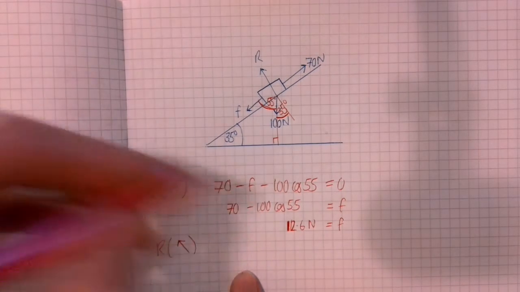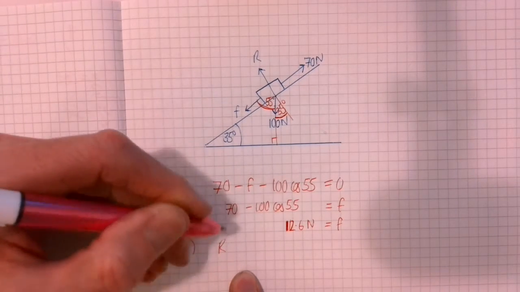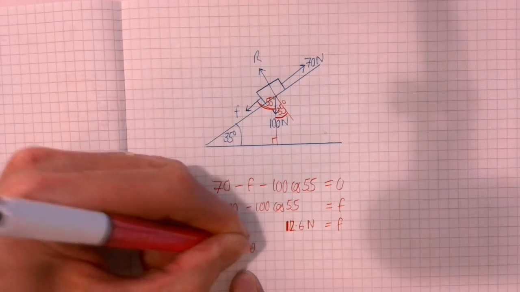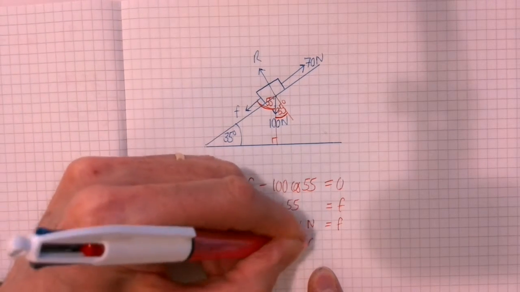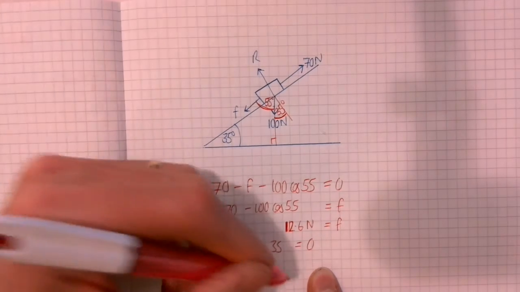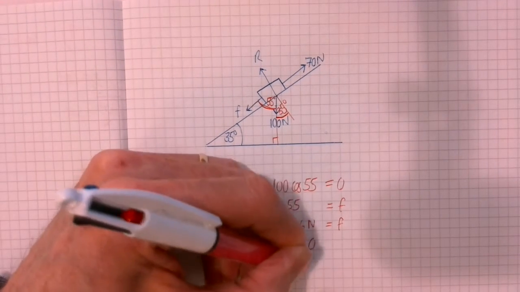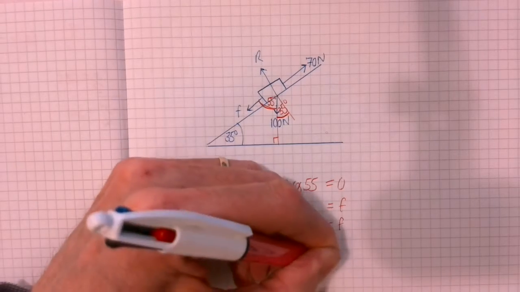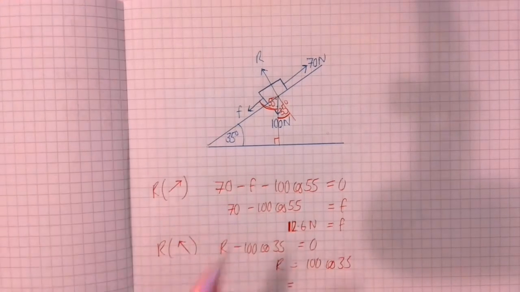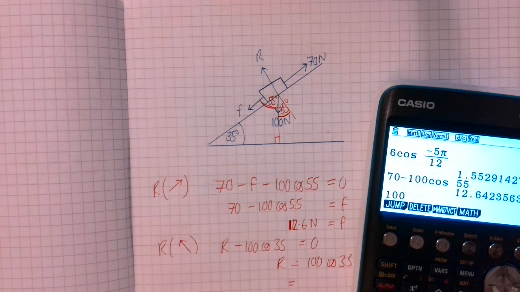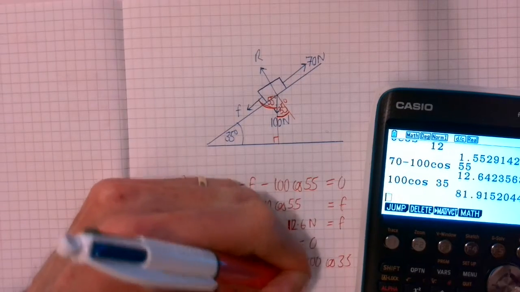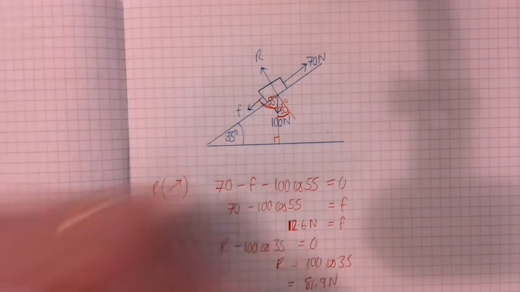So I've got going up R, coming down 100 cos 35, and that equals 0 because they're in equilibrium. So R equals 100 cos 35. So R is equal to 81.9 newtons.